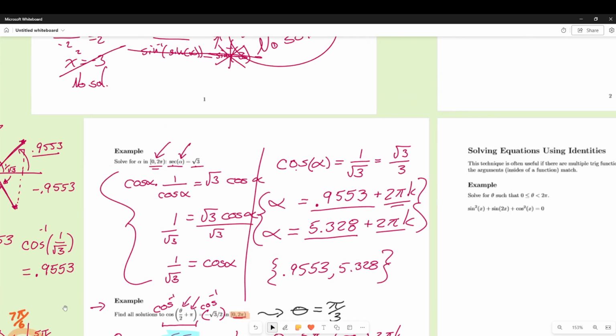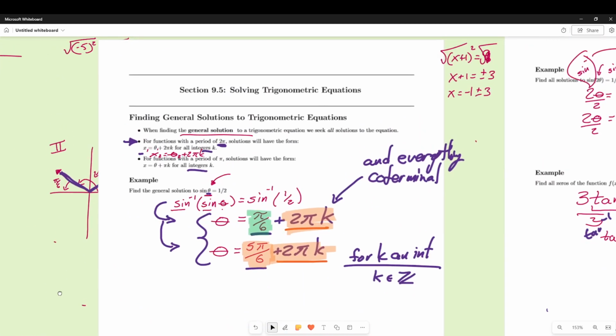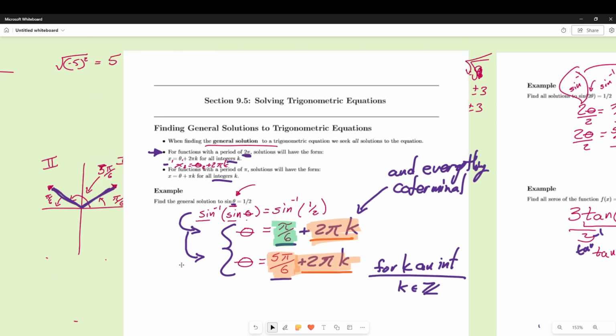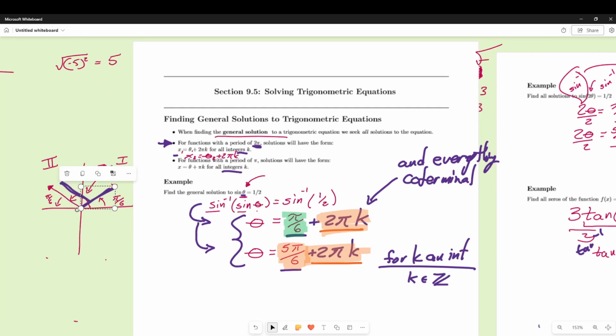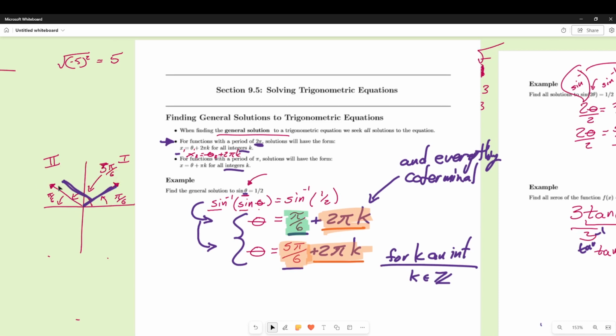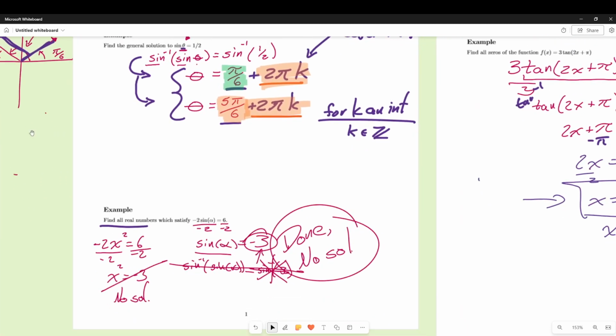You'll see I did that up here with this one too. Pi over 6 was our one solution, and we know sine is also positive up in this quadrant, so that gave us a separate solution up there to get the two solutions that we had to care about. So that is usually the hard part. That takes some practice. Get that practice, put the time in, and make sure you are drawing those diagrams.